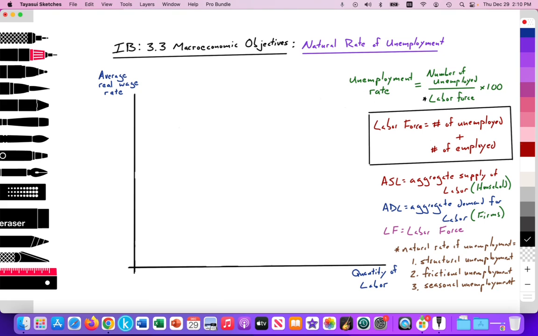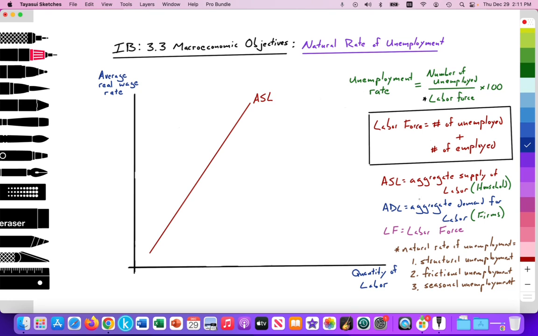Okay. So first we're going to illustrate the aggregate supply of labor in the macroeconomy. It's going to be this upward sloping supply curve. We'll label this ASL, aggregate supply of labor, supplied by the household that owns labor as a factor of production. Then we'll have a downward sloping aggregate demand for labor, demand driven by firms demanding labor to produce some type of good or service.